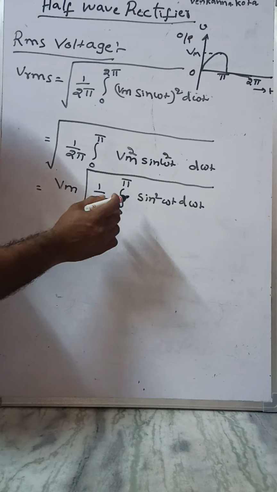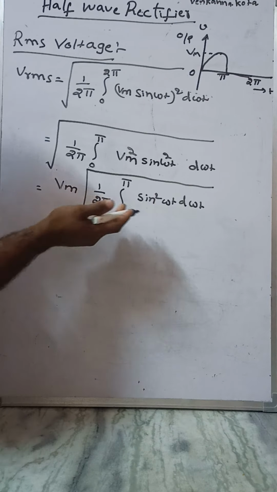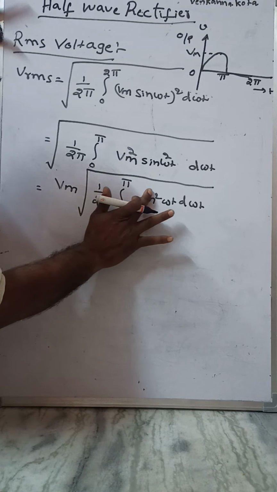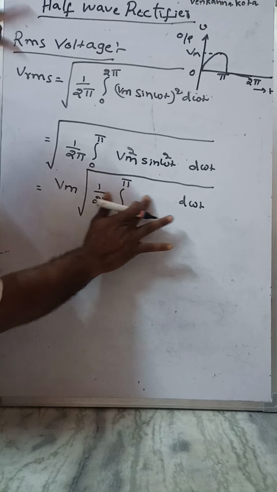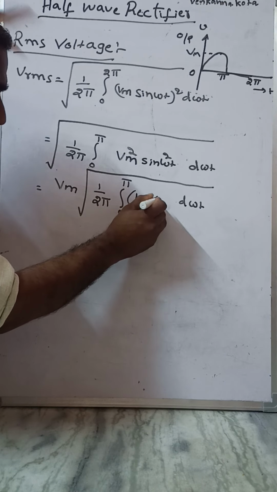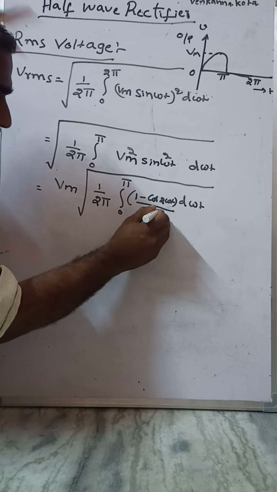And how to do the integration for the sin square? It can be converted to cos value, then it is very easy. In the place of sin square we have to substitute (1 minus cos 2 omega t) by 2.